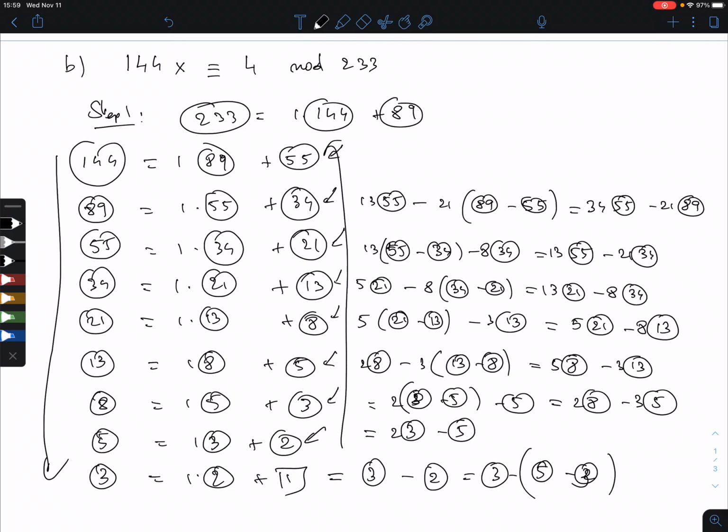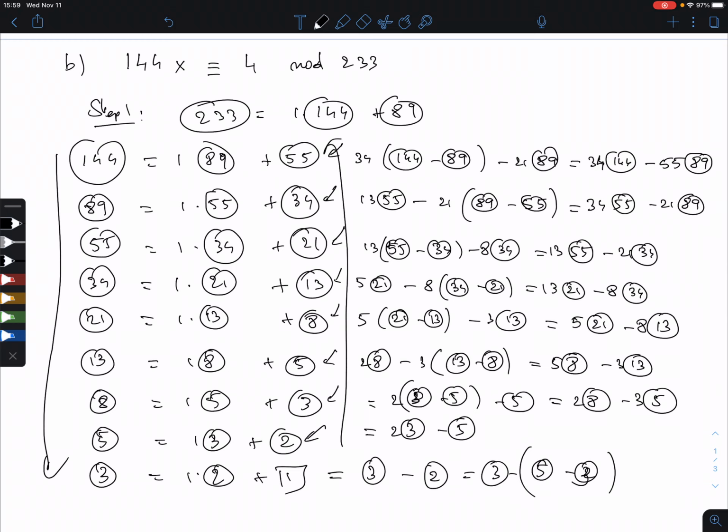And then finally, that is 34 times (144 minus 89) minus 21 times 89. So that is 34 times 144 minus, what do we have here? 55 times 89. Now, hopefully everything is still okay.